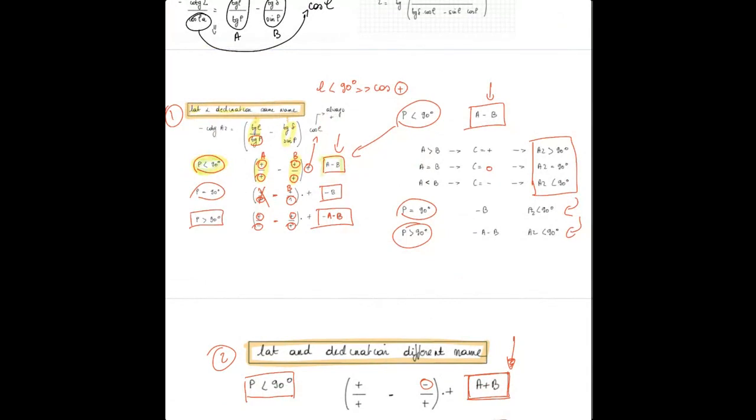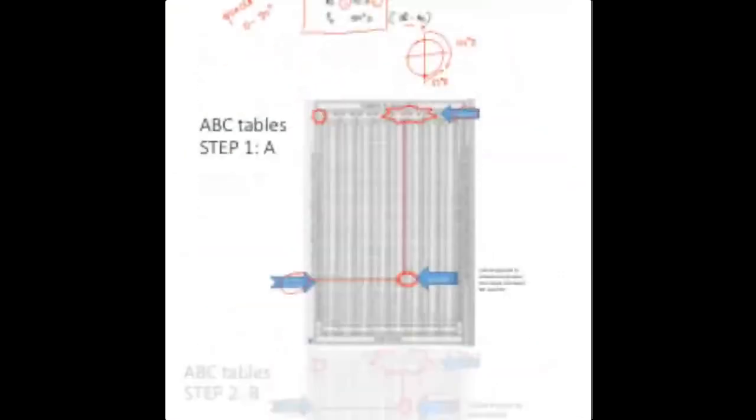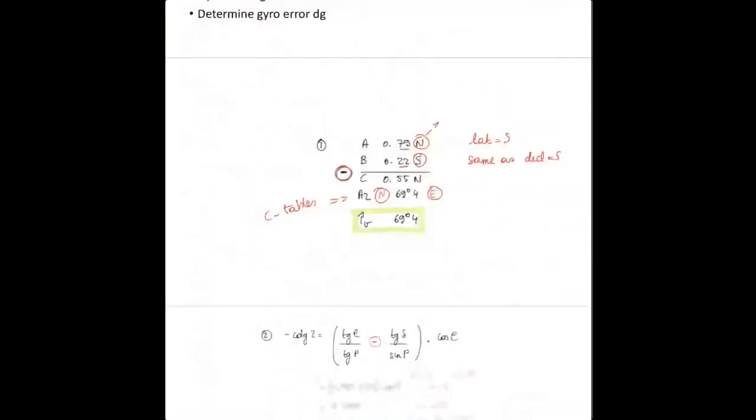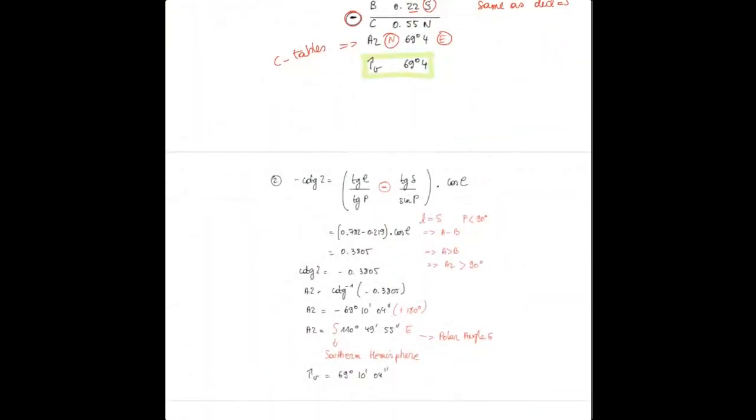So what do we have to do? We have to subtract B from A. Okay. You have to subtract, as I told you, and we know that A is bigger than B, so again the azimuth angle will be bigger than 90 degrees.